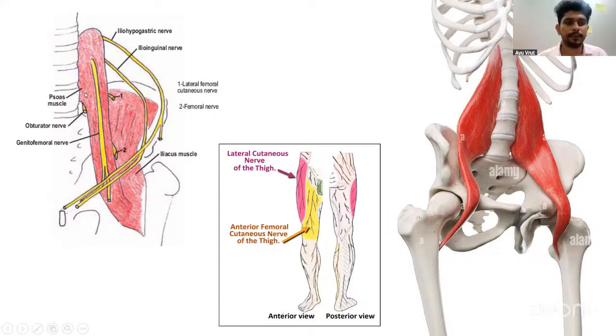अब psoas muscle में से if you see the most important, can you appreciate this genitofemoral nerve which I am showing? Yes, this genitofemoral nerve is passing through between the psoas muscles. So if there is any stretching pain, any stiffness, any soreness, any spasm, straining of those muscles, अगर ये सब पेन है, स्ट्रेन है, स्ट्रेस है, सोर है, स्पाजम्स है, so usually they do irritate the nerves because of this.